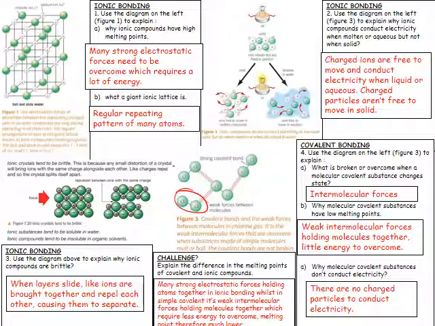Except for in graphite. That requires little energy to overcome, so they have low melting points. All simple covalent molecules have low melting points. Therefore, most of them are gases at room temperature.